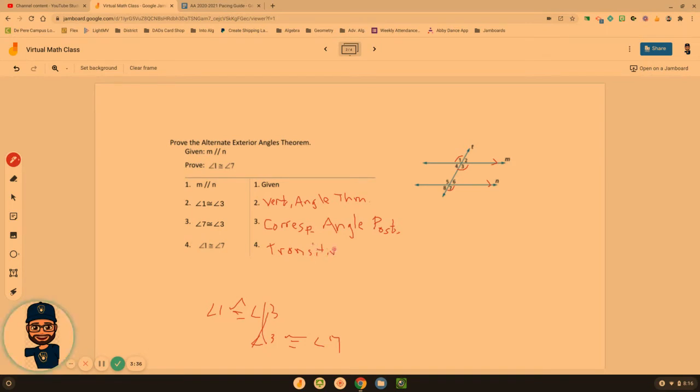The transitive property really allows us to tie those 3 pieces of information together because they have one common piece. They both are congruent to angle 3, so they must be congruent to each other. And that's how we can set up a proof. And again, you'll have one probably on the test that looks something like this, where it gives you the information over here, and you've got to justify each of those steps. So go back to what we've learned and what you've used on justifications.